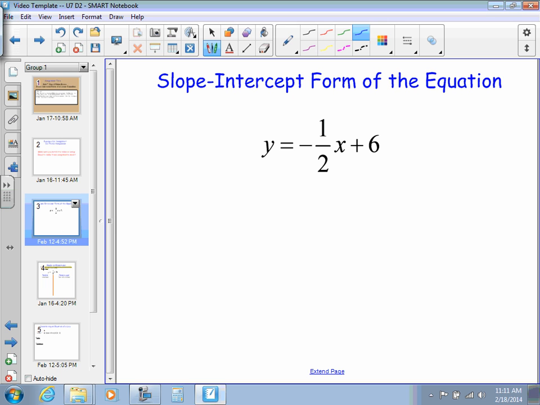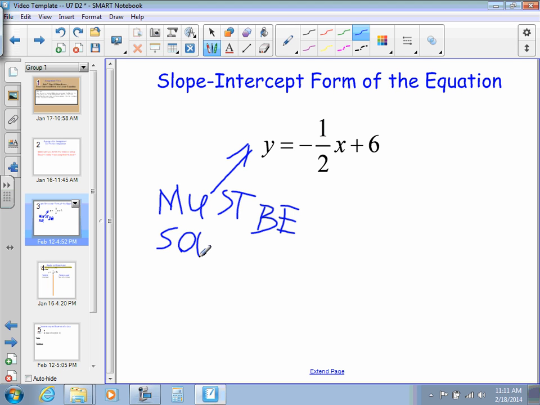Okay, slope-intercept form of the equation. First thing, in order for an equation to be in slope-intercept form, it must be solved for y.